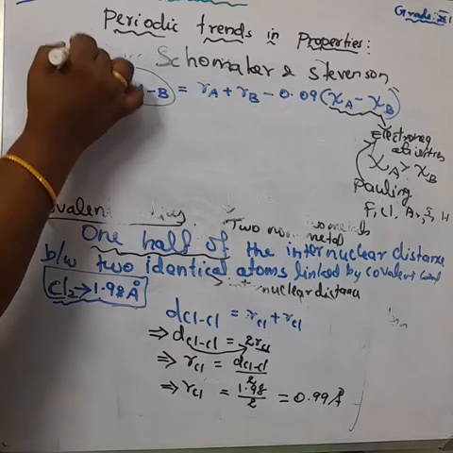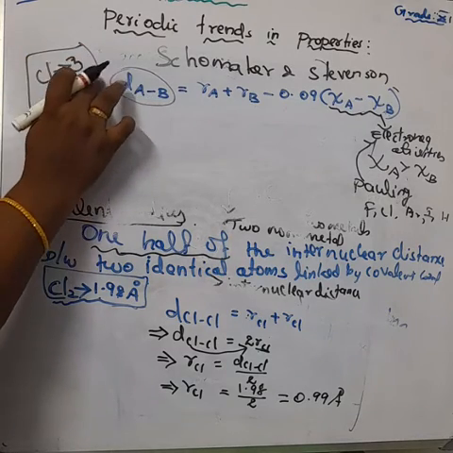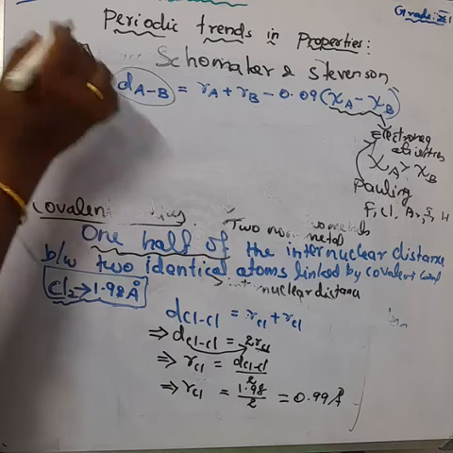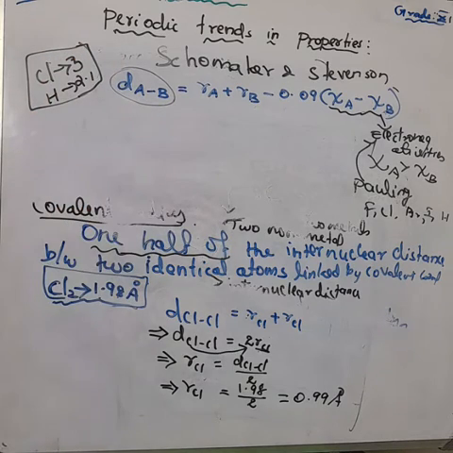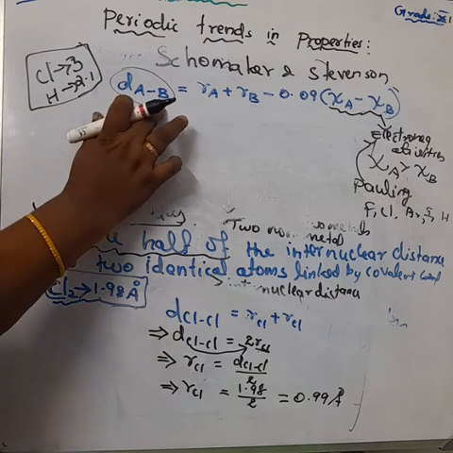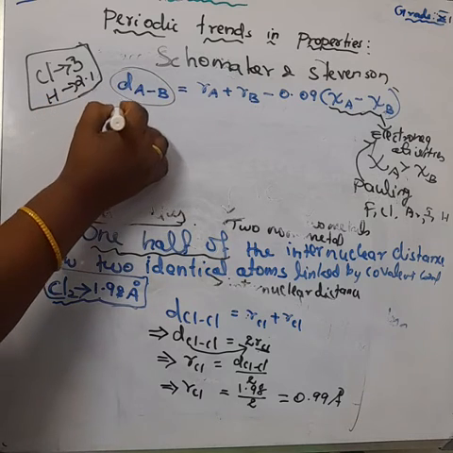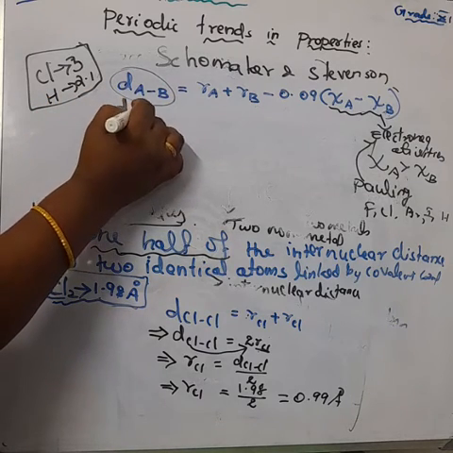So we are going to calculate the covalent radius of hydrogen, using the internuclear distance between hydrogen and chlorine. These two atoms are different.